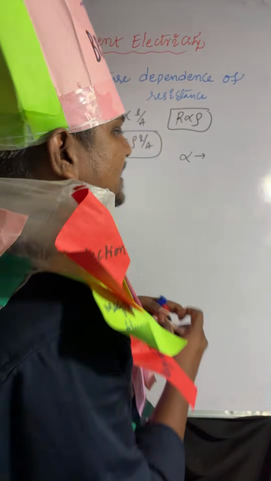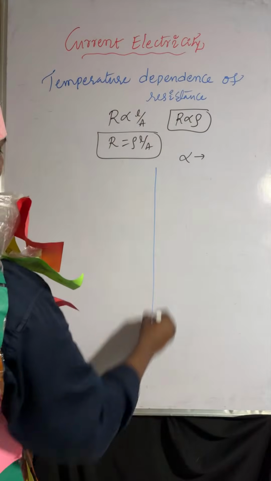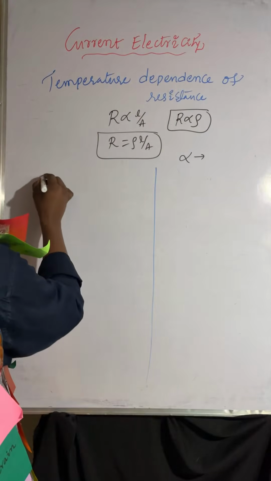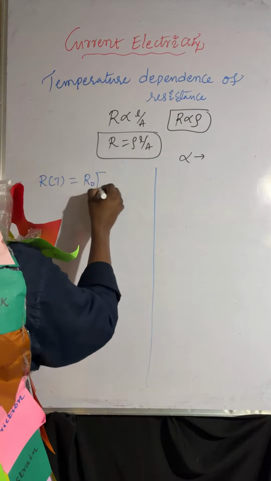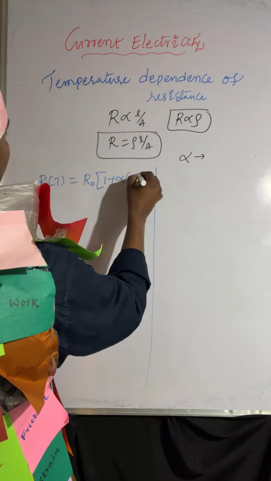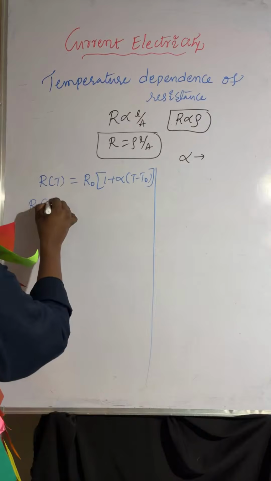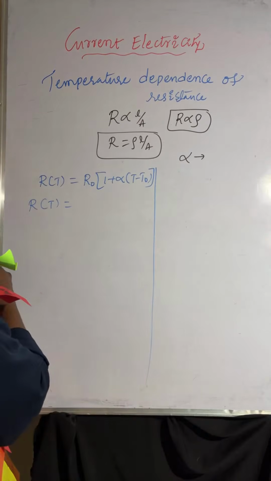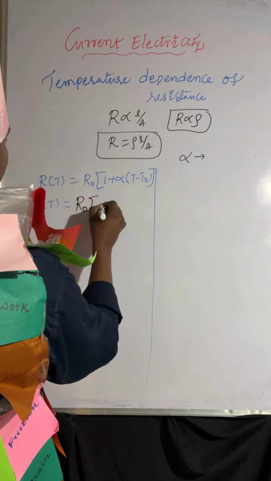So how will resistance and resistivity behave? Now here I am writing on this side. R_T equals R_0 (1 + alpha (T minus T_0)). R_T is the resistance at temperature T, and R_0 is the initial resistance.